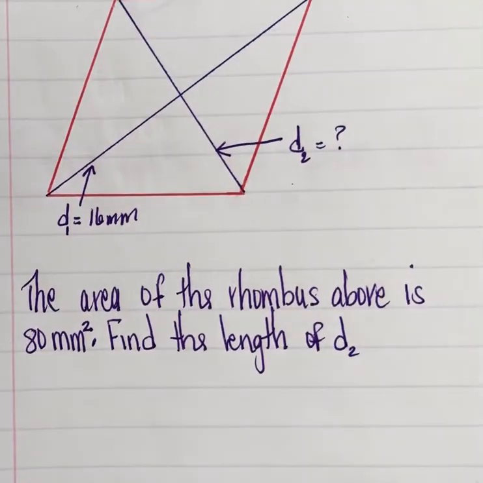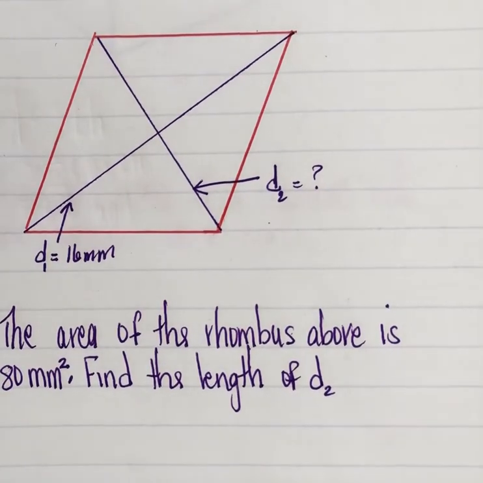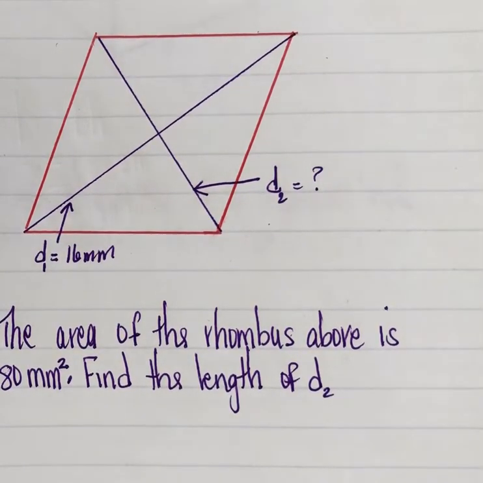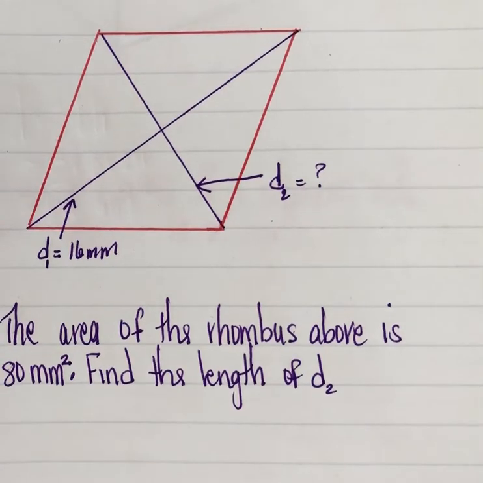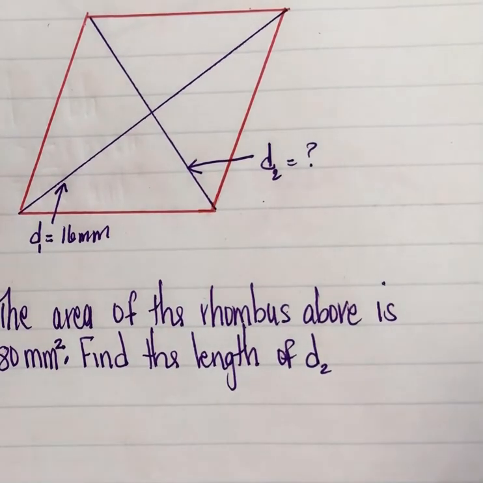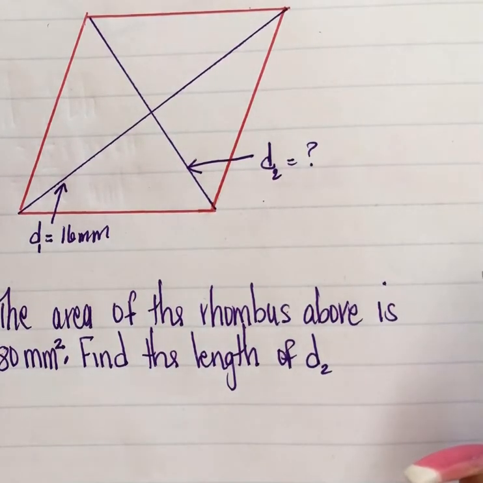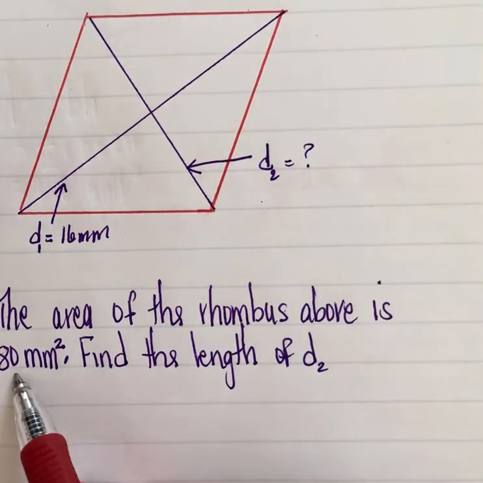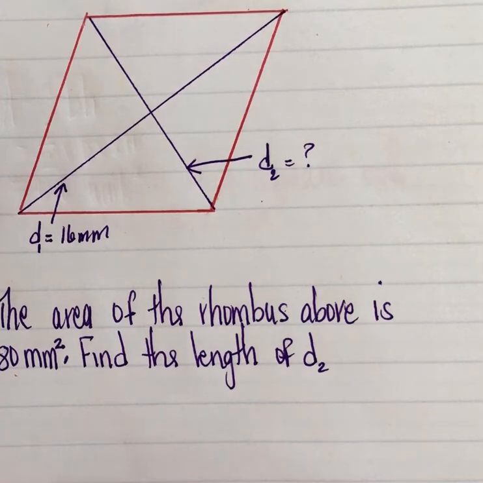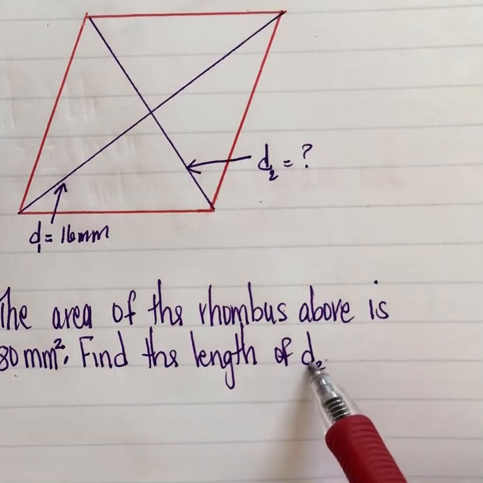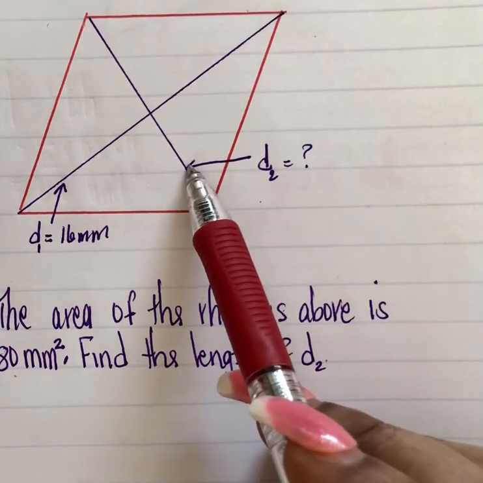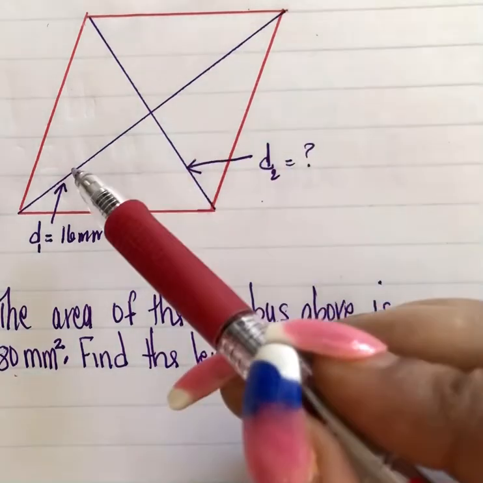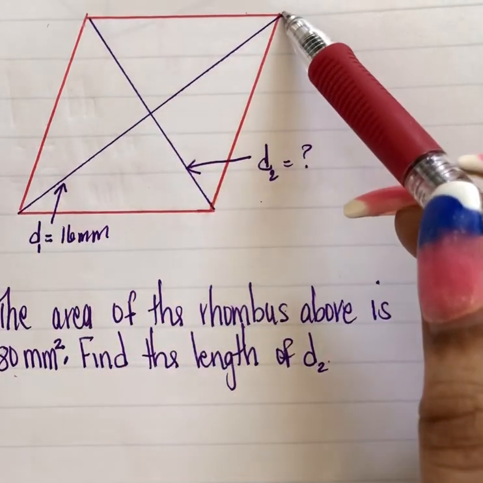Let us look at another question. Okay? We want to look at this rhombus. The area of the rhombus above is 80 mm square. Find the length of diagonal number 2. So we know what is one of the diagonals.